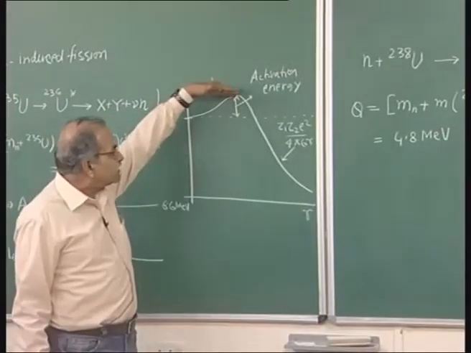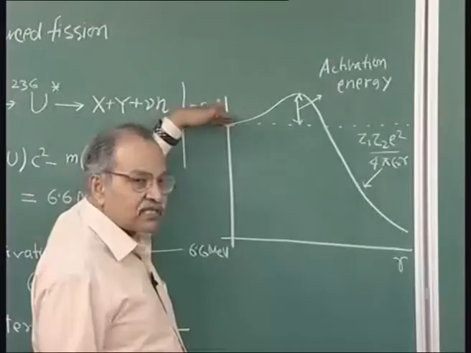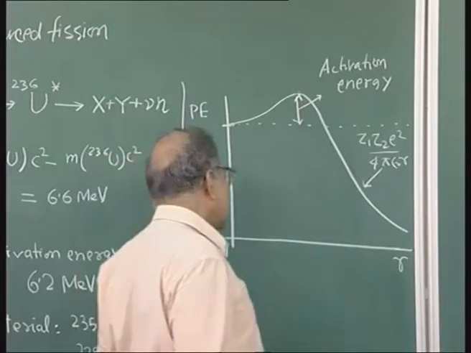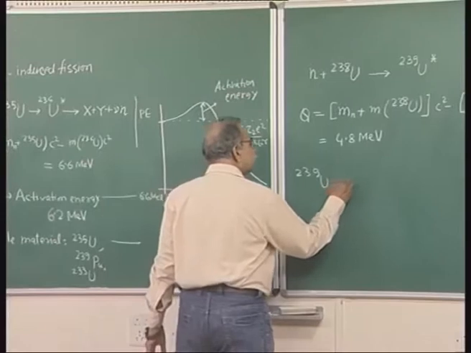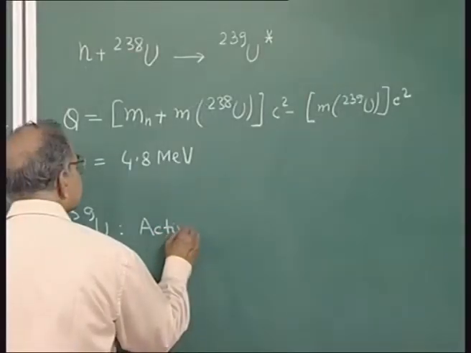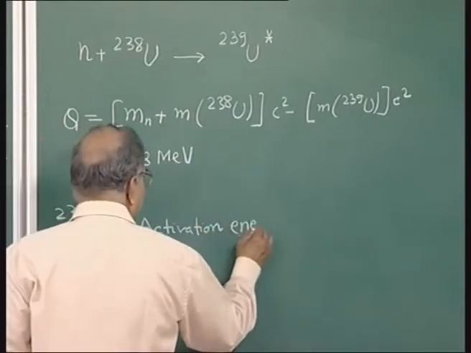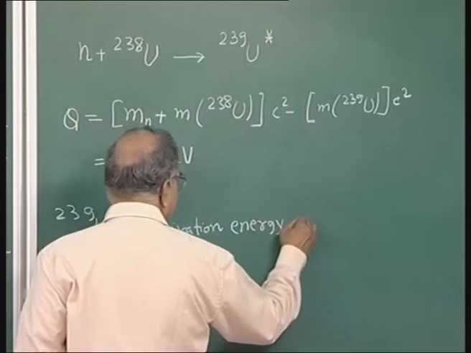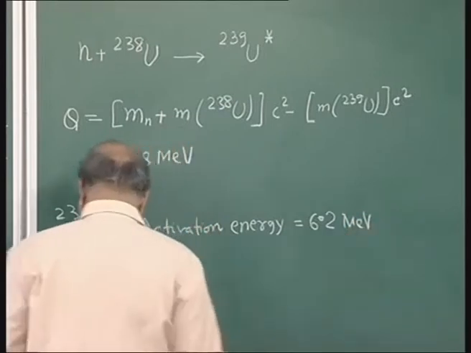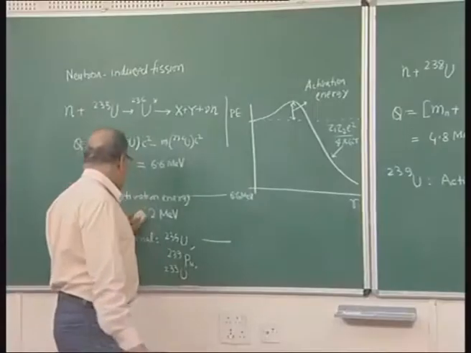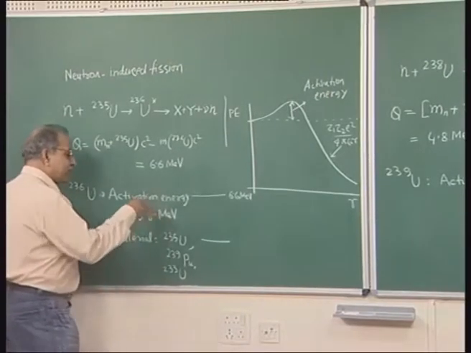And how much is the activation energy? The maximum height of this potential energy curve above the ground state energy for uranium 239, this activation energy, will be higher, something like 6.2 MeV. It depends on what kind of model you take, but it will be higher than this. If I take that as 6.2, this would be something like 5.8.